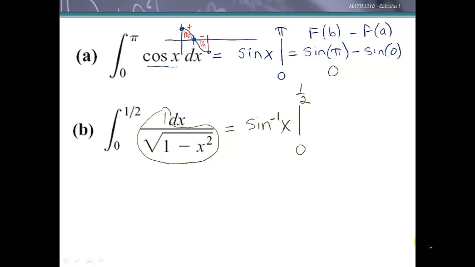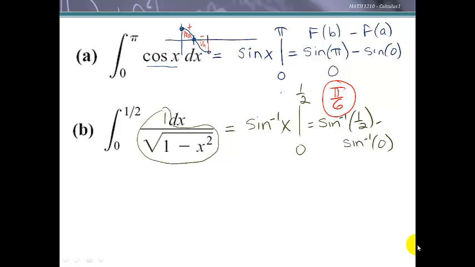So now we'll evaluate that. That's going to be the inverse sine of 1/2 minus the inverse sine of 0. For the inverse sine of 1/2, I'm wanting the angle whose sine is 1/2. So that's going to be pi over 6 minus the angle whose sine is 0, and that's going to be 0. So it looks like our solution is pi over 6.